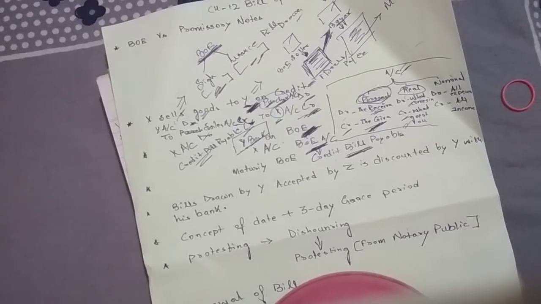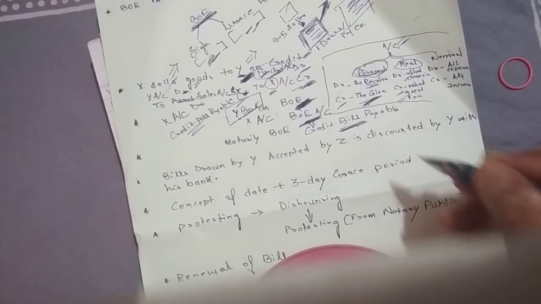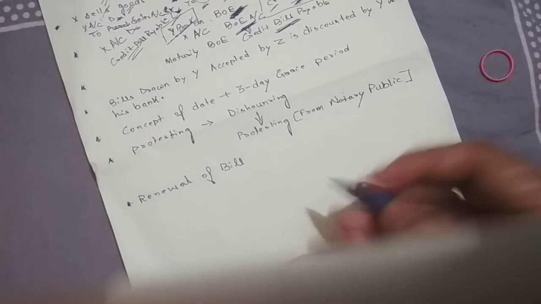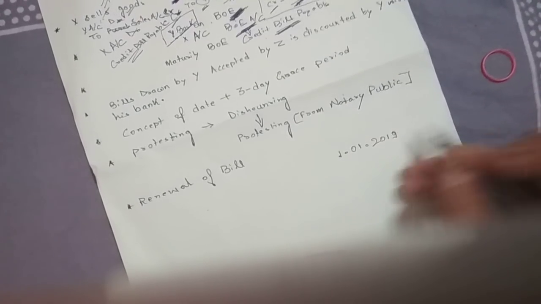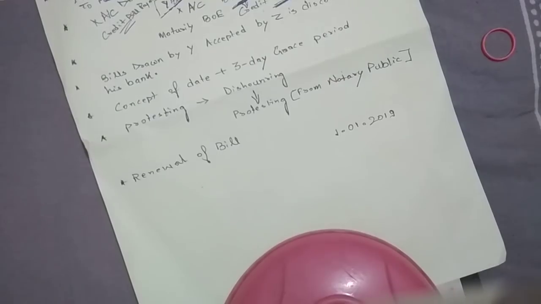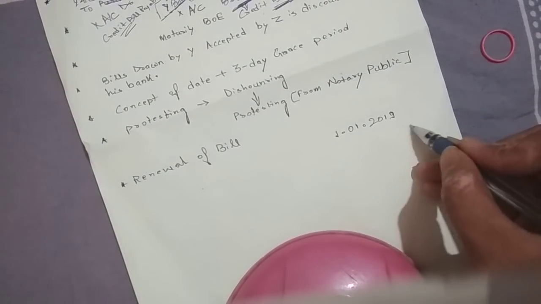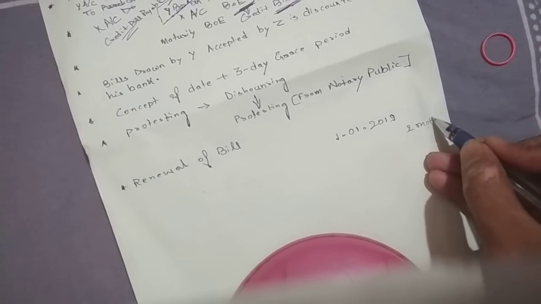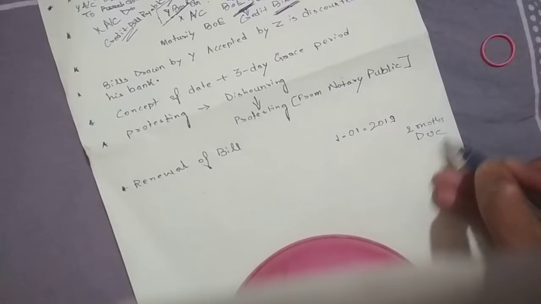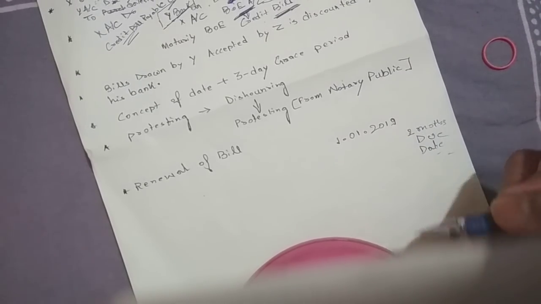One more important thing: let's say a bill is drawn on 01/01/2019, and in the bill of exchange it is written that this is a usance bill, and the due date will be after 2 months.